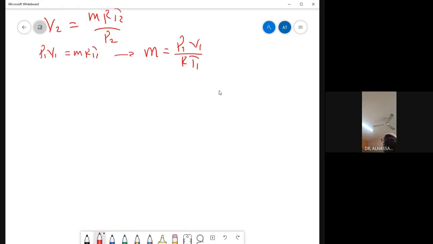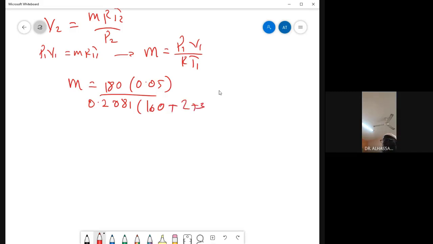If you calculate this, mass equals 180 times 0.05 divided by 0.2081 times (160 plus 273) Kelvin. So the mass of the ideal gas gives us 0.0998 kilogram.